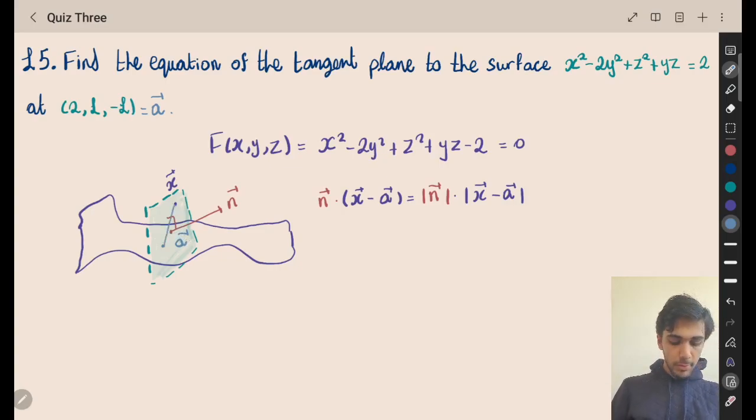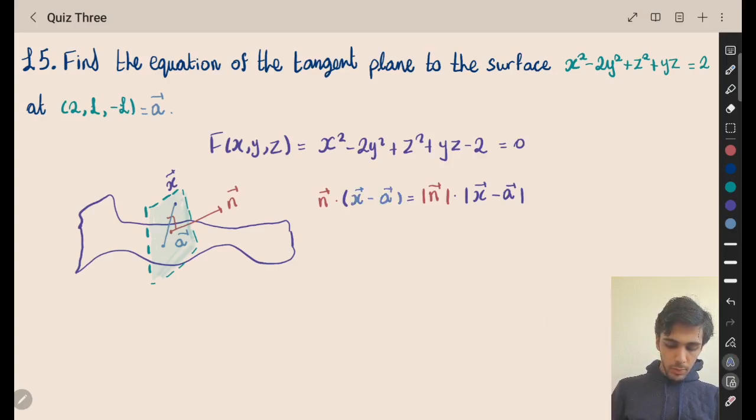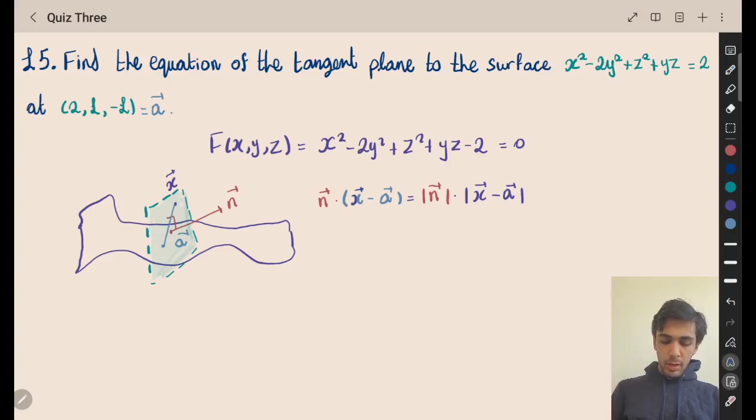This is a vector. Good. Then I recall that this is the magnitude of the two vectors times cosine of the angle between the two vectors.